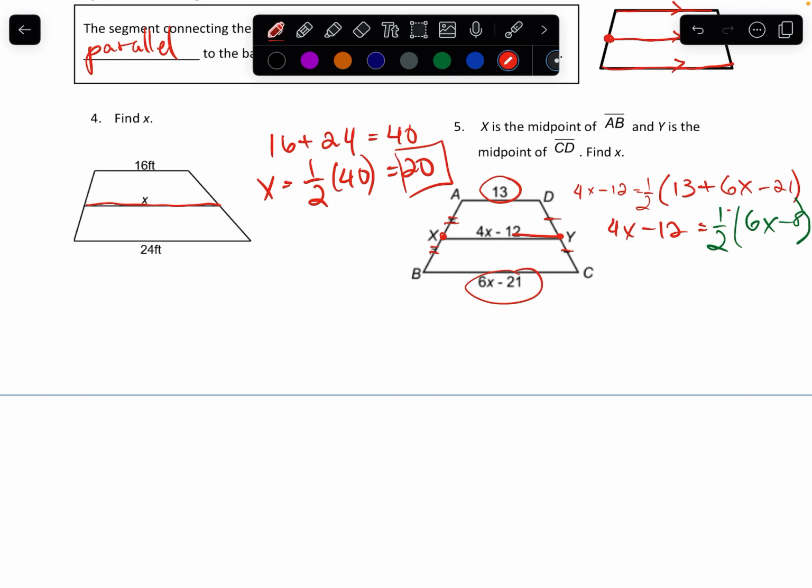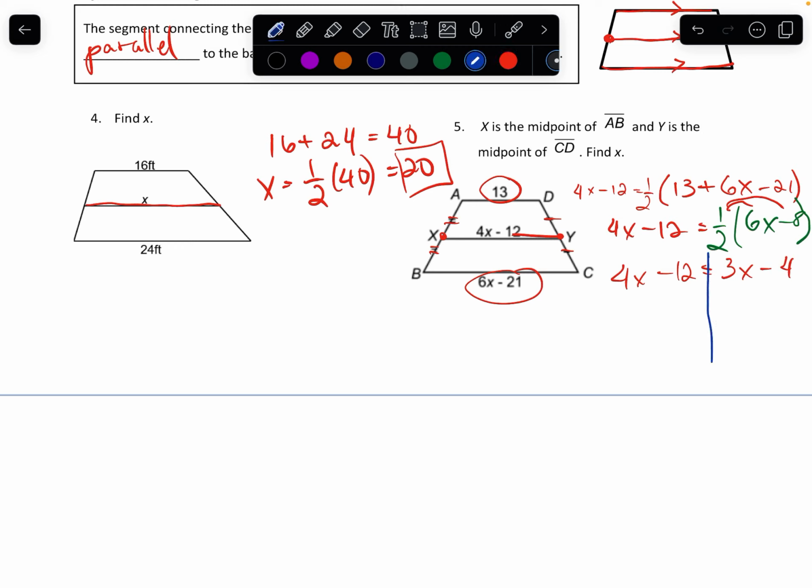Okay. Now I'm going to distribute. Multiply with the 6 and multiply with negative 8. So 4x minus 12 is equal to half of 6 is 3x. Half of negative 8 is negative 4.